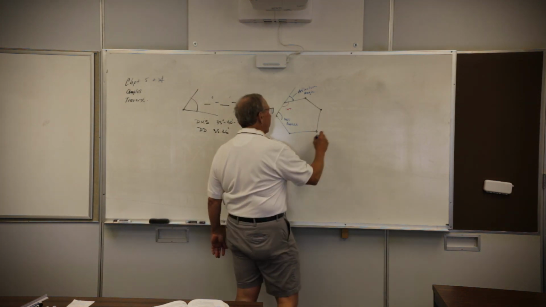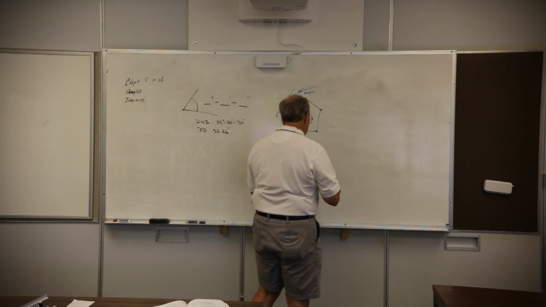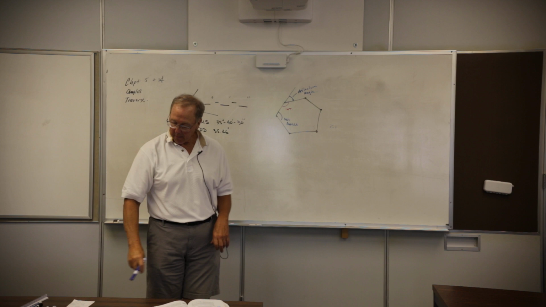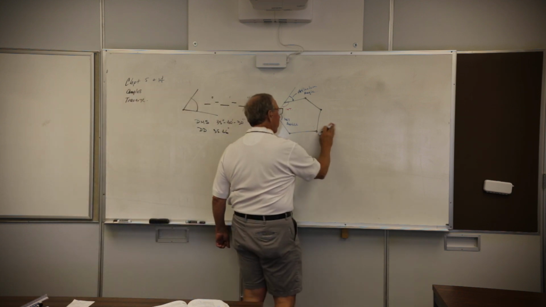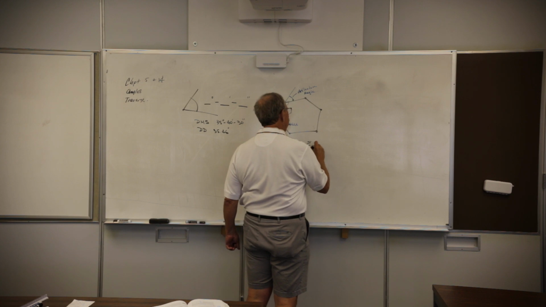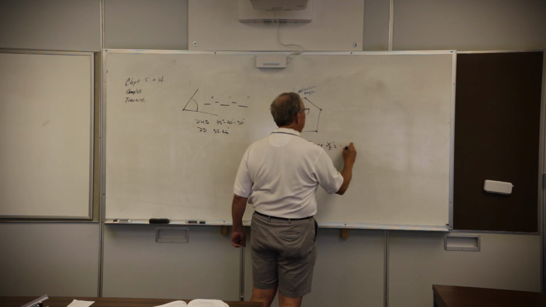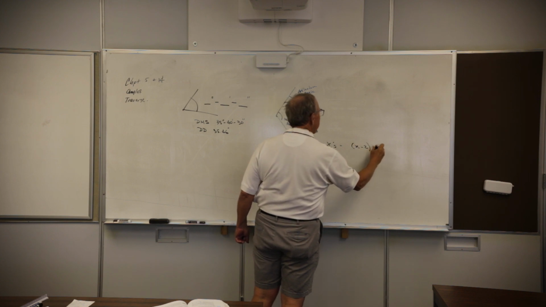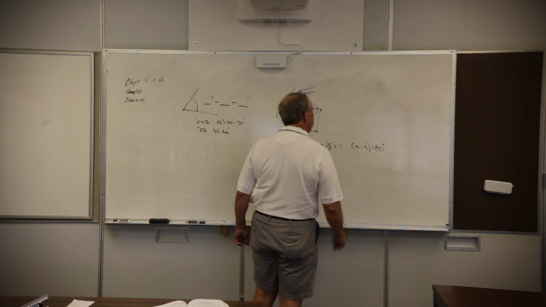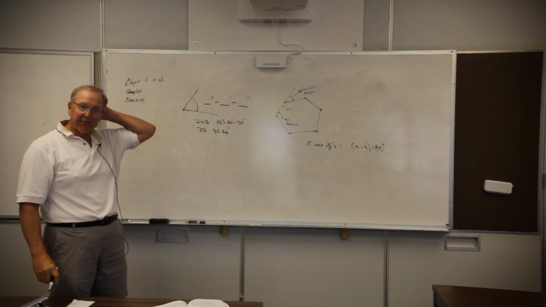The sum of the interior angles has to equal n minus 2 times 180 degrees. The n is the number of sides of the figure.